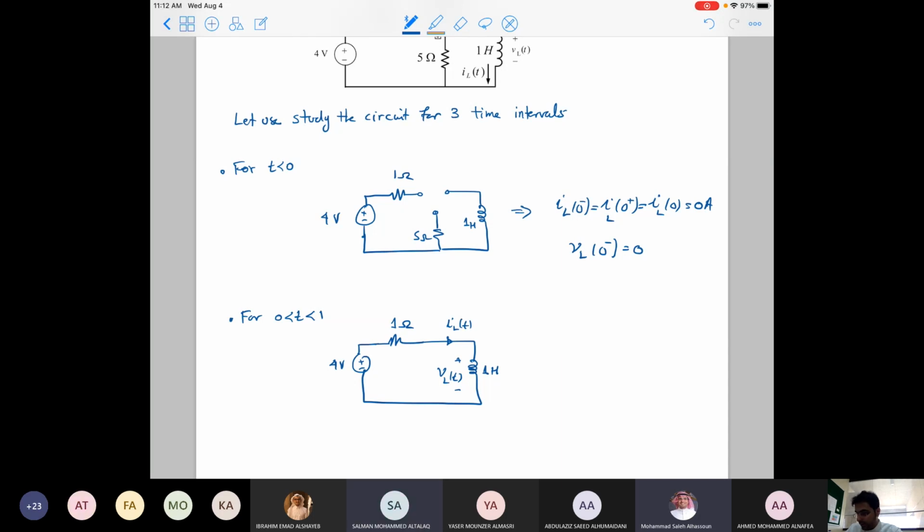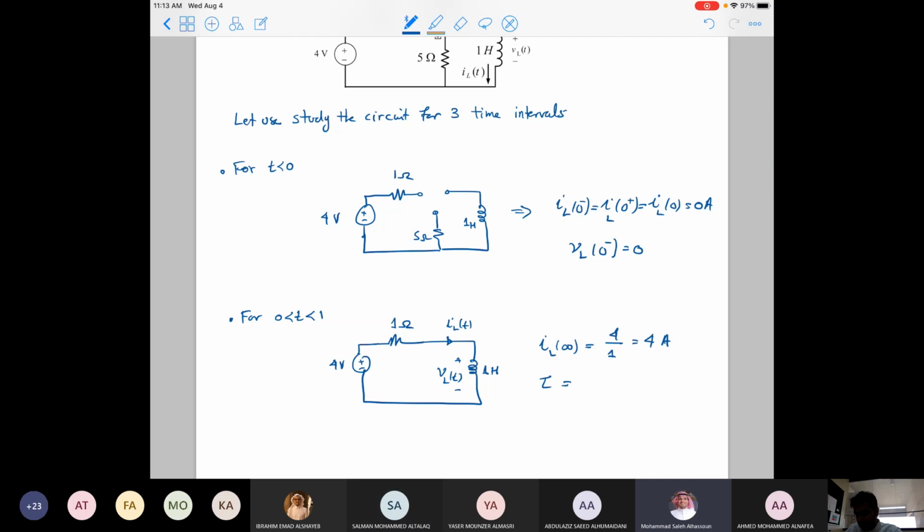Okay, so what is the final value? We need to assume that the switch will be closed for a long time, and by Ohm's law, we find the current passing through the resistor, which is 4 ampere. Okay, exactly.